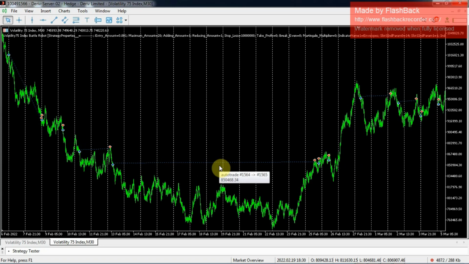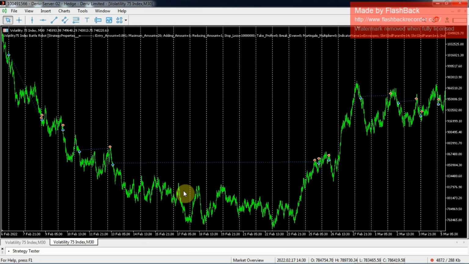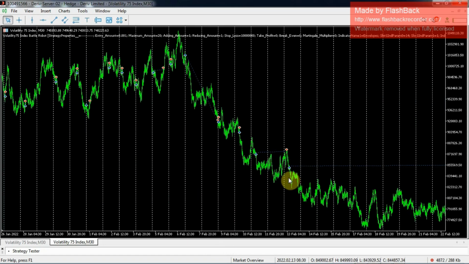If you traded in this period, you remember people closed these trades, but it never hit stop loss. That's why when using these robots, you have to use a very small lot size to accommodate drawdowns. Don't use abnormal lot sizes which are going to take you to margin call even before stop loss has been hit.